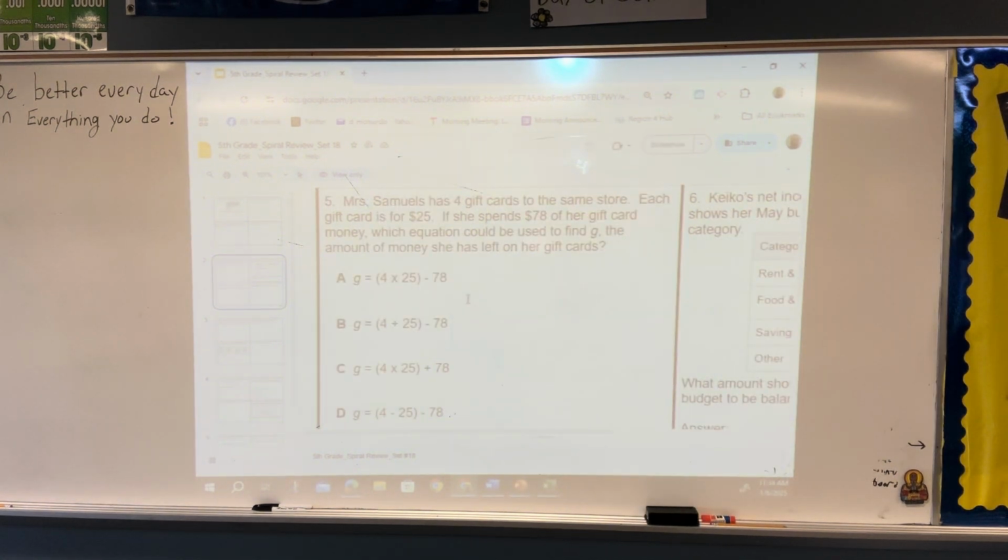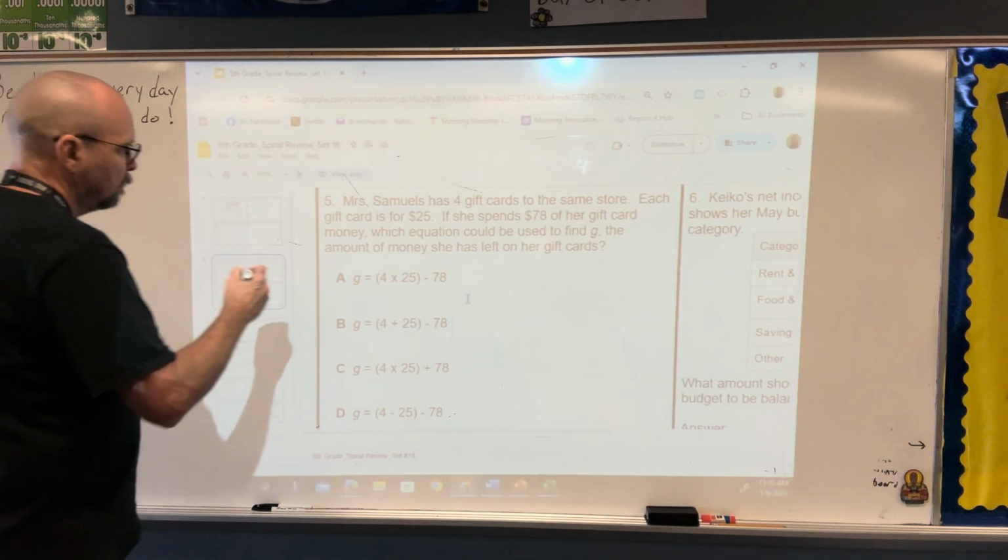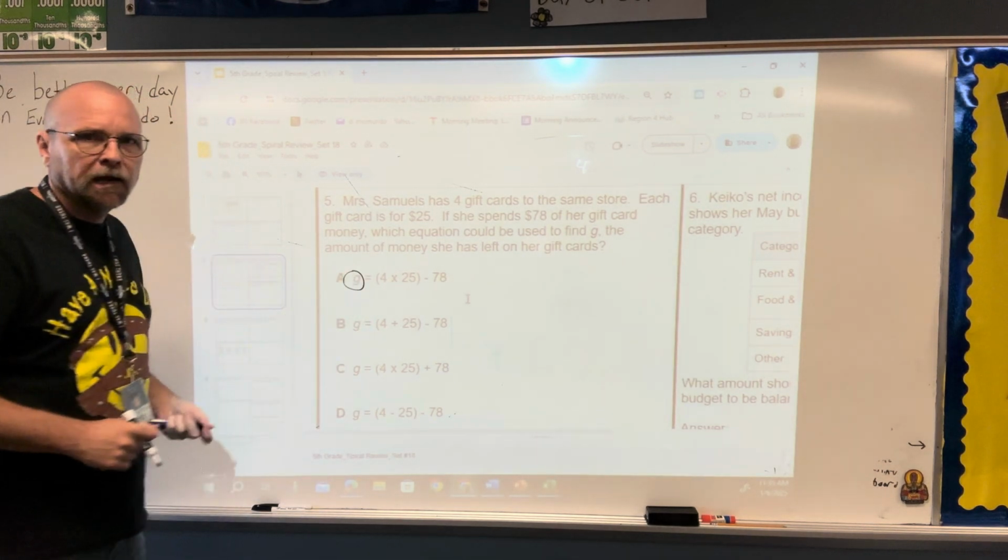All right. Mrs. Samuels has 4 gift cards to the same store. Each gift card is for $25. If she spends $78 on her gift card money, which equation could be used to find G, the amount of money she has left on her gift cards? So G is the amount of money they have left.